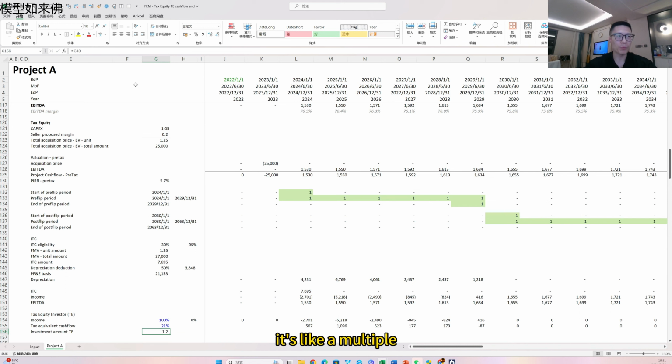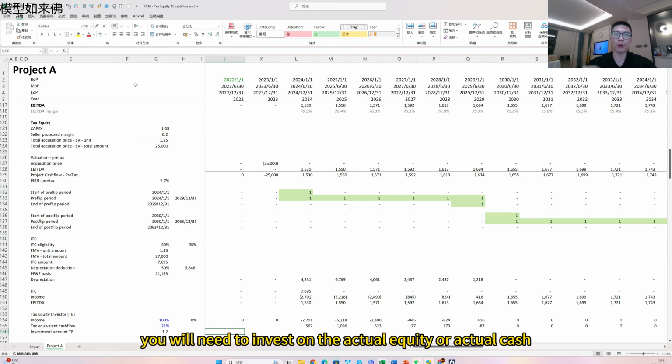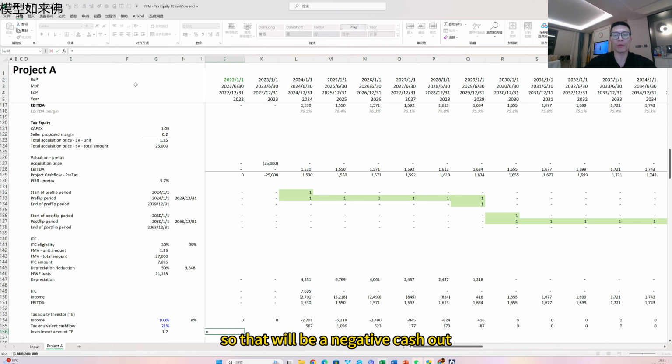It's like a multiple. So it means that you will need to invest actual cash at 1.2 times your ITC amount. So that will be a negative cash out, incurred during the construction period.